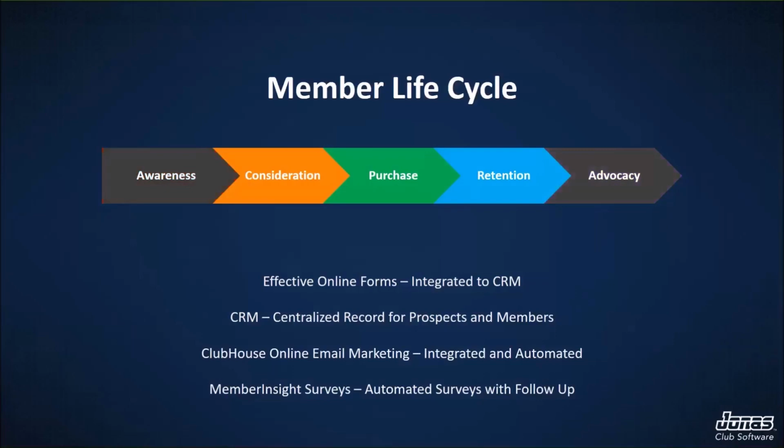We took a look at Clubhouse Online email marketing and how you can use that for sending your marketing message to your prospects after you've captured them, as well as some way to automate some of those emails to members that you might not be doing already. And lastly, Member Insight, which is a great survey tool to get a gauge of your member satisfaction. It's automated and allows you to follow up on that member feedback.